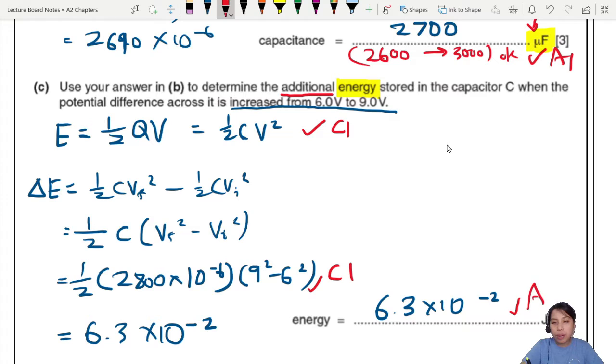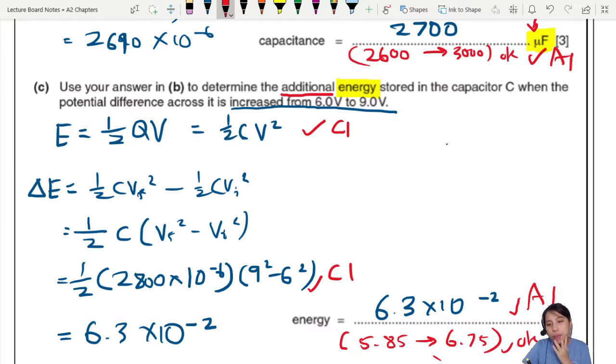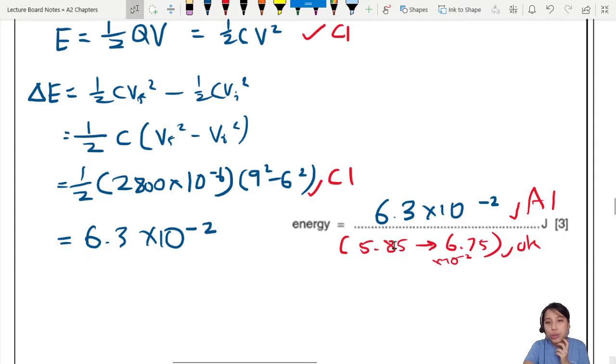And lastly, the correct answer. Depending on what you got, if you were anywhere in the range 2600 to 3000, then as long as your answer is somewhere between 5.85 and about 6.75, times 10 to the negative 2, you're in range also. So anywhere in here, you should be good.